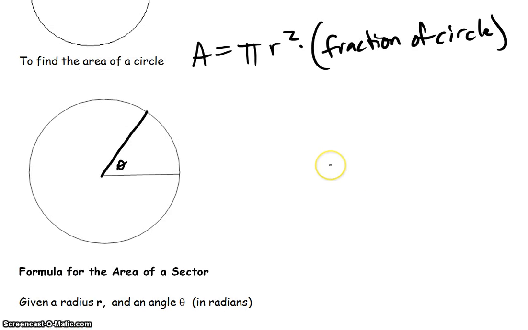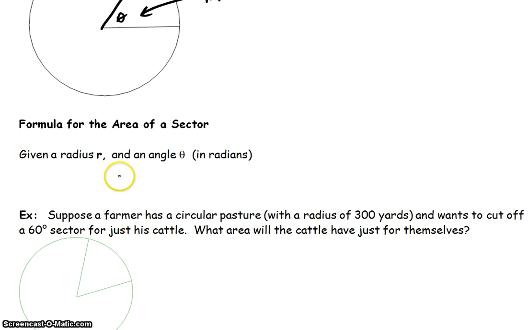Well, if we have an angle, we have to describe it in radians. If we're given a radius and an angle, the area would be pi r squared times the fraction of our circle.